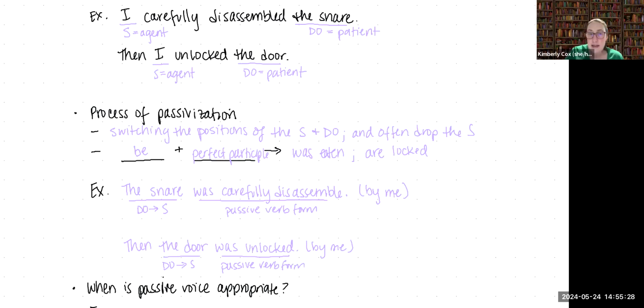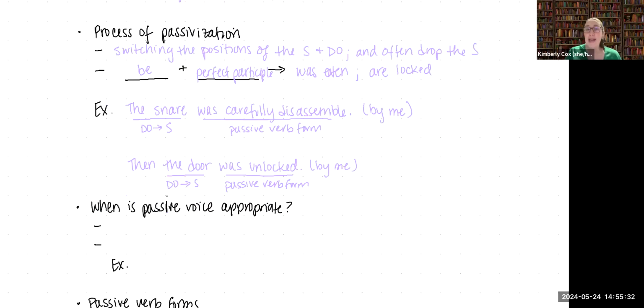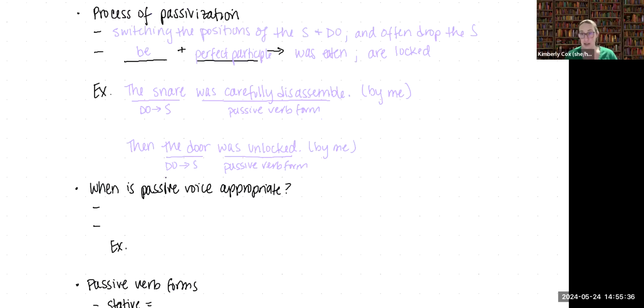Okay. So the thing to think about with passive voice is, when is the passive voice appropriate? Because sometimes it is, in fact, appropriate. So the passive voice is appropriate when the direct object is more important than the subject of a sentence.